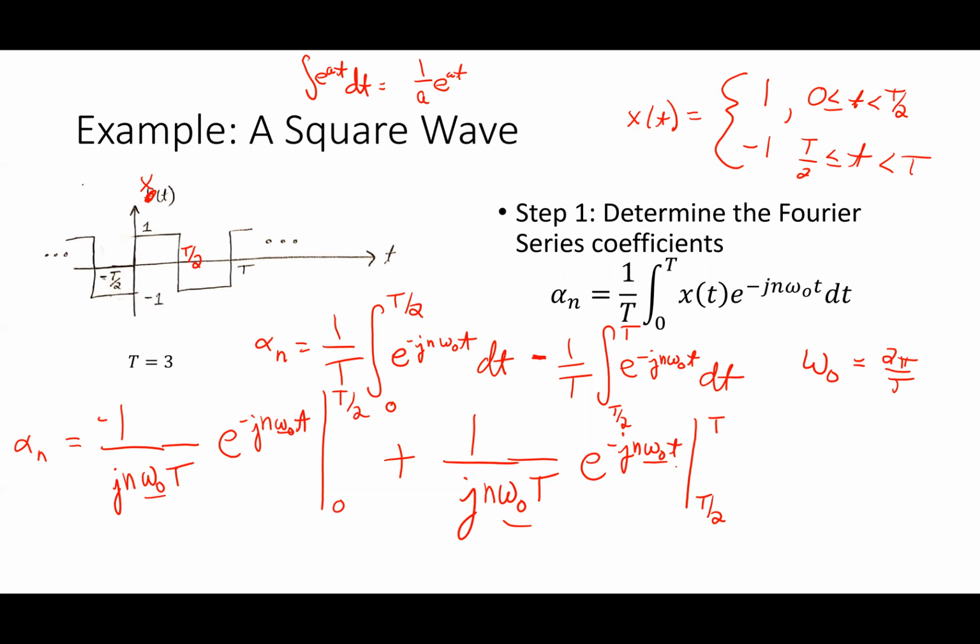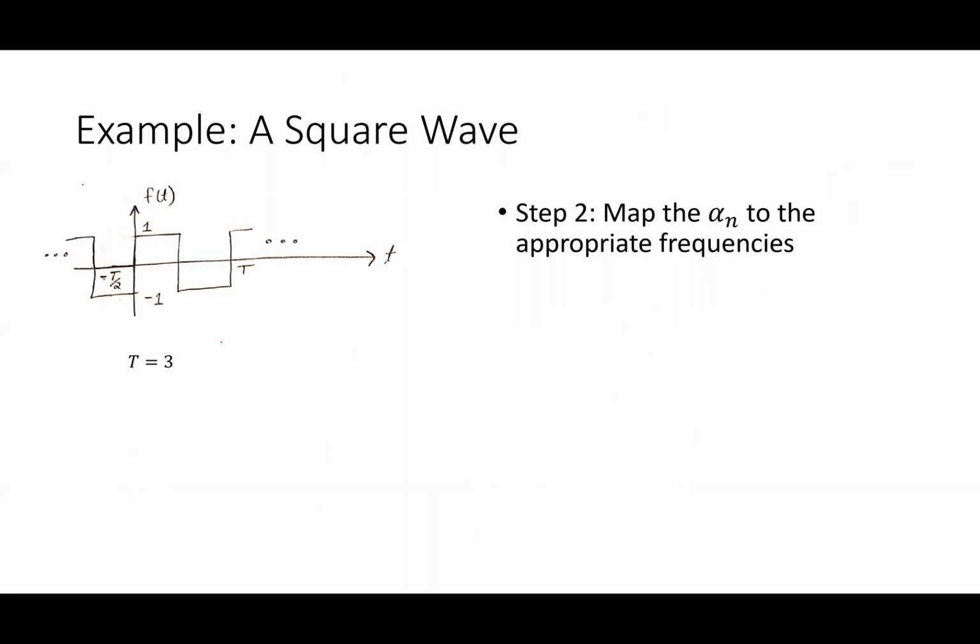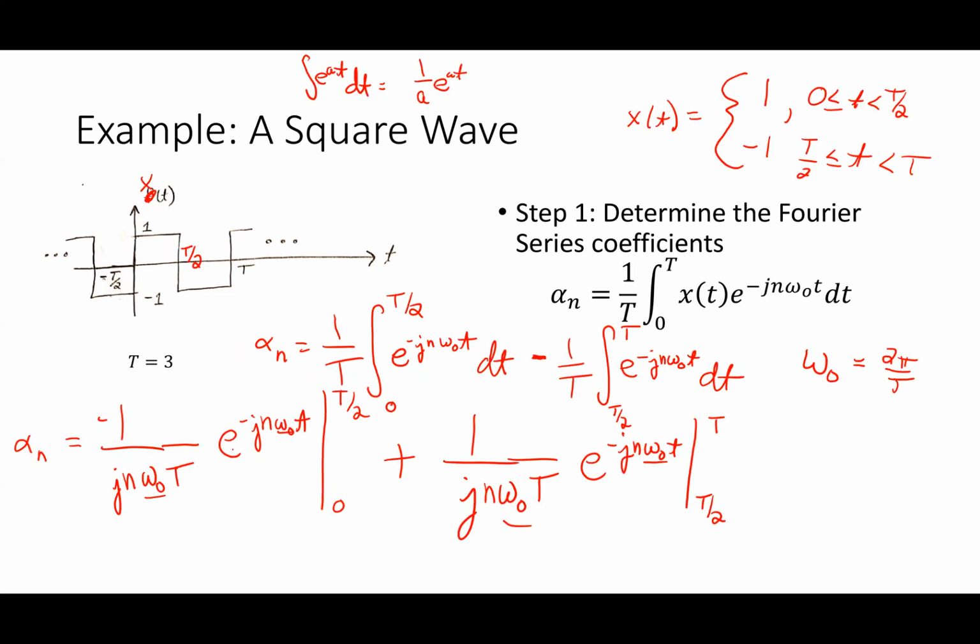All right. So if I plug that in, my alpha n becomes negative 1 over j n omega naught, which is 2 pi over T, times T. Okay. Times, let's see, I'm evaluating this guy, e to the negative j n omega naught t from T over 2 to 0. How do I evaluate this term right here?